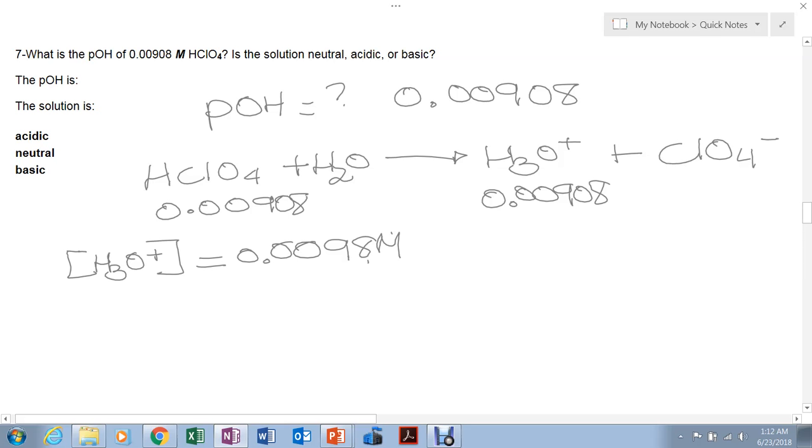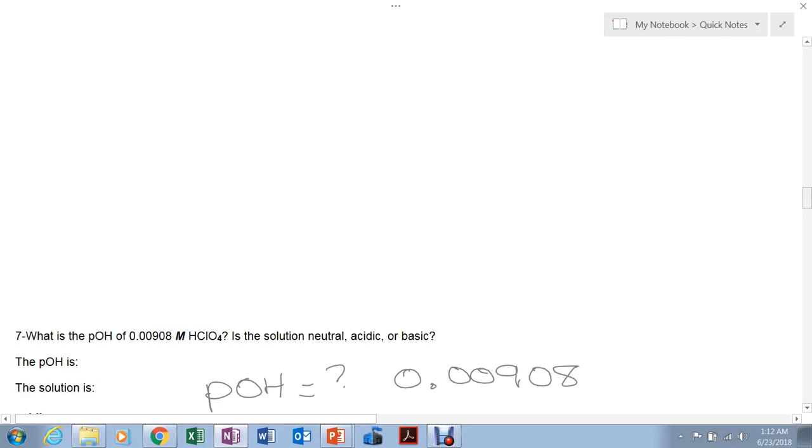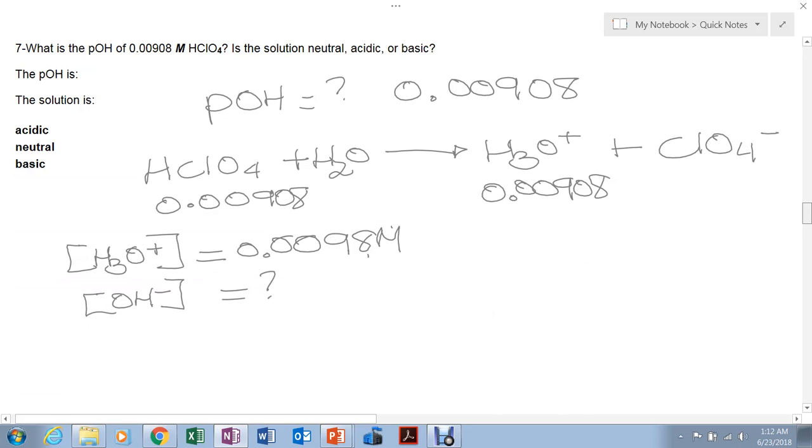But the problem is asking for the pOH. So we first have to find the concentration of OH, and then we calculate the pOH. We solve for the pOH.